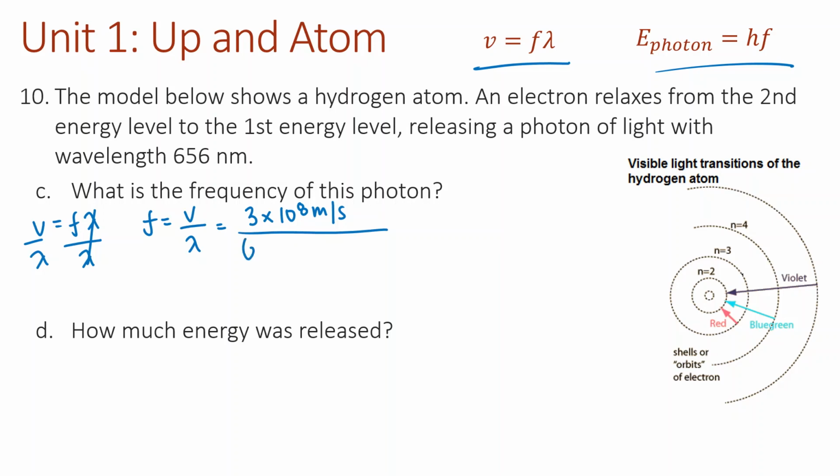So that's 6.56 times 10 to the negative 7 meters. We needed that to be in meters because we want meters per second and meters to cancel out, leaving us with units of per second, s to the minus 1. You could also write this as 1 over second. Both of those are the same.